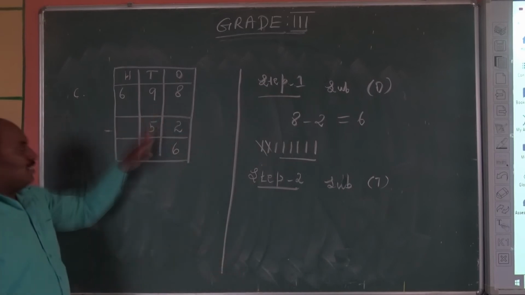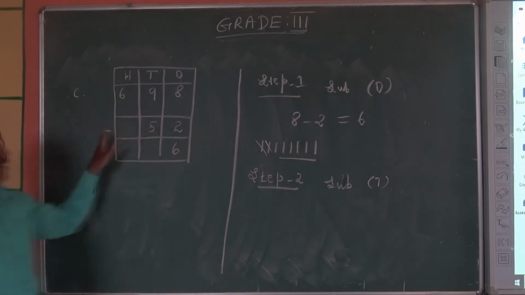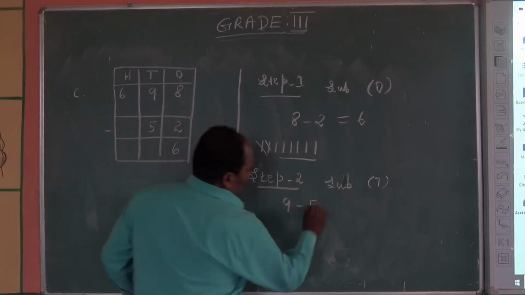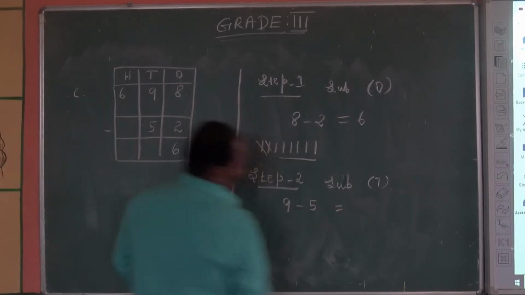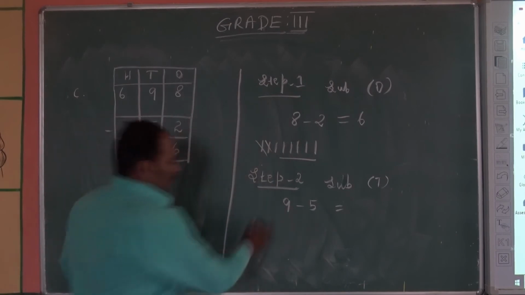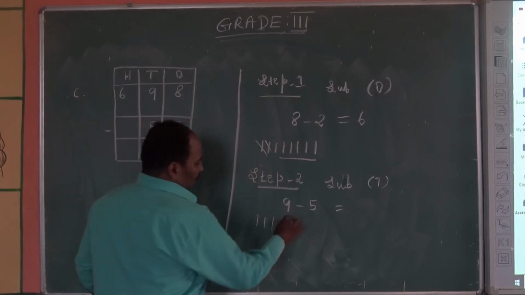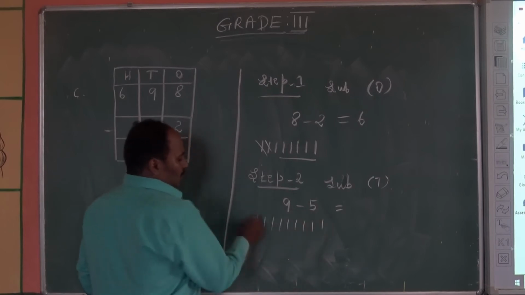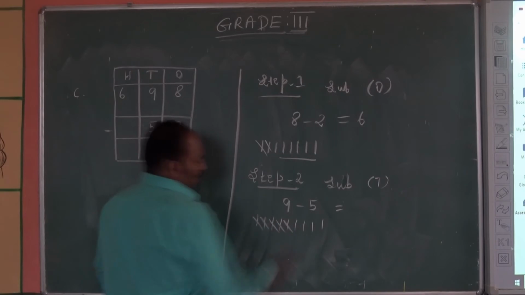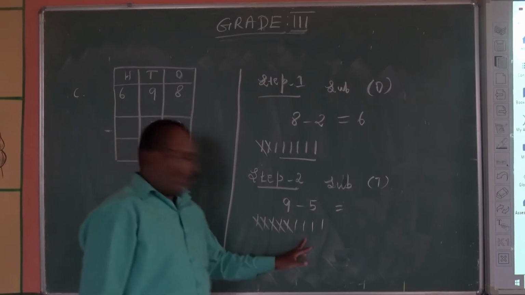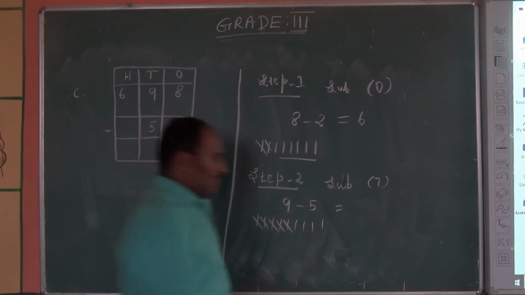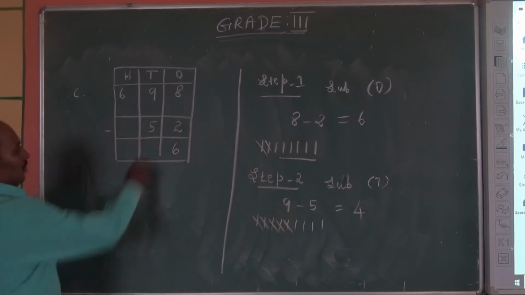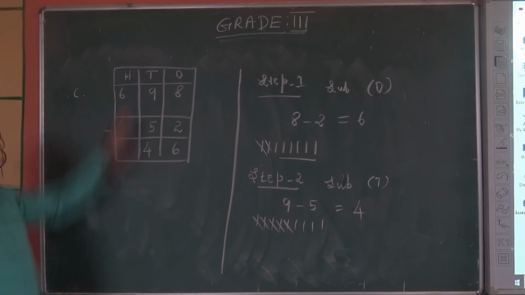Here 9 tens minus 5 tens is equal to 9 minus 5. 1, 2, 3, 4, 5, 6, 7, 8, 9. We cancel the 5 lines. Remaining 1, 2, 3, 4. 4 lines. So 9 minus 5 is equal to 4. The number 4 write in tens place.